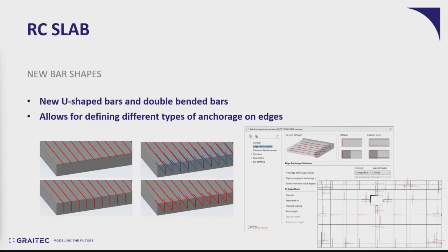For managing this, there's a special tab in settings where we can define different settings for anchoring for the first and for the second layer of reinforcement, separately for free edges and for edges on the supports. Of course, new shapes of bars are easily visible on the drawing, as you see on the picture on the right bottom side of the slide.